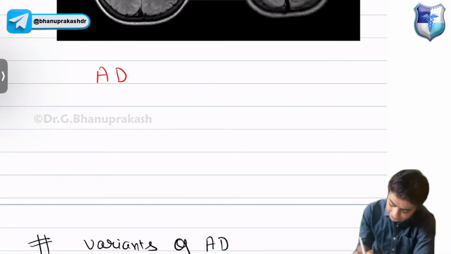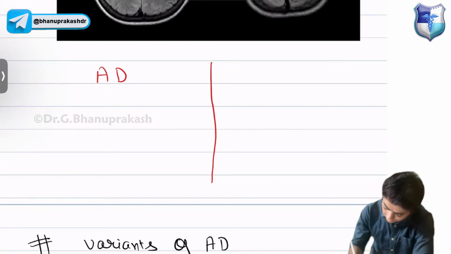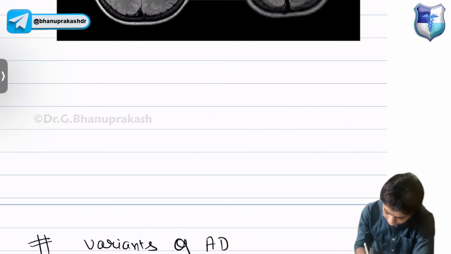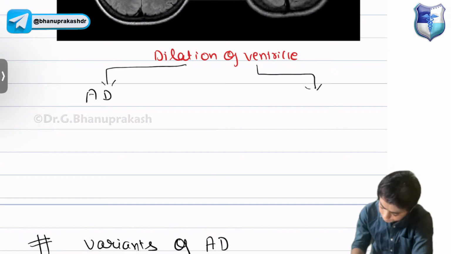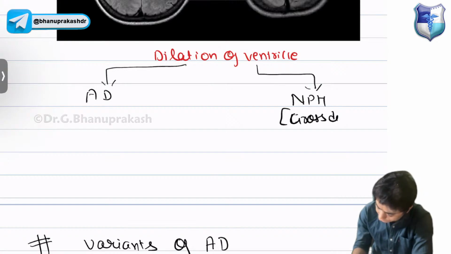This is the patient of Alzheimer disease. There is dilatation of ventricle, so either it can be Alzheimer or it can be your NPH. But in NPH, there will be a gross dilatation.